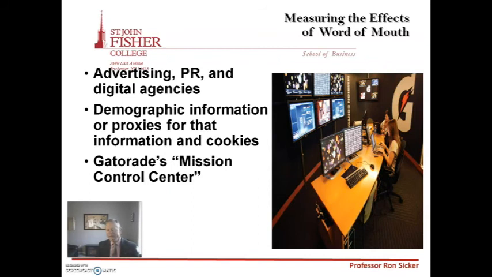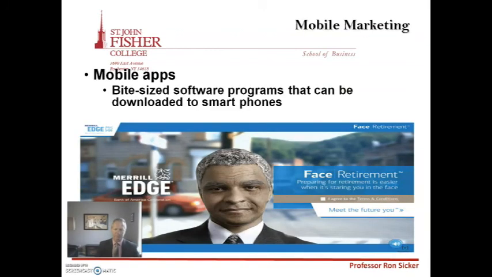But you can take a look at how you're trending on social media. You can see how you're trending with hits on your website, with click rates, dwell rates, click-through rates, all of those things we talked about in Marketing 325 when we talked about digital media.